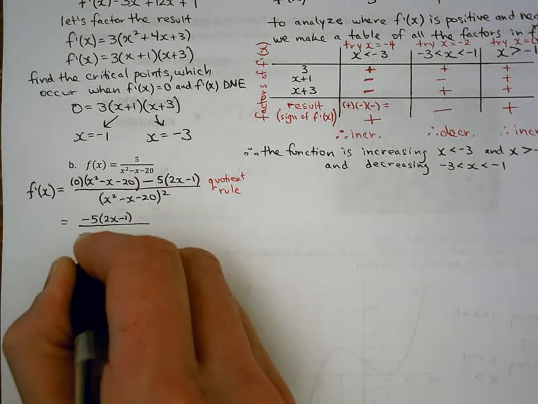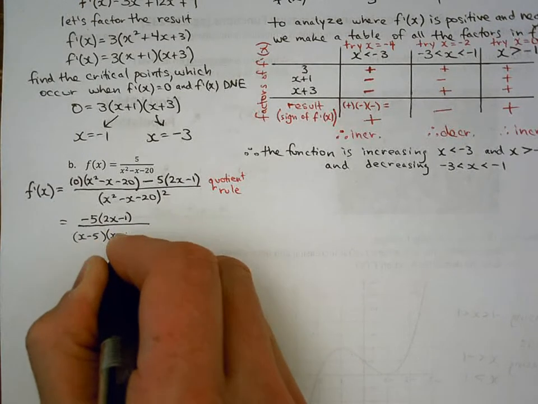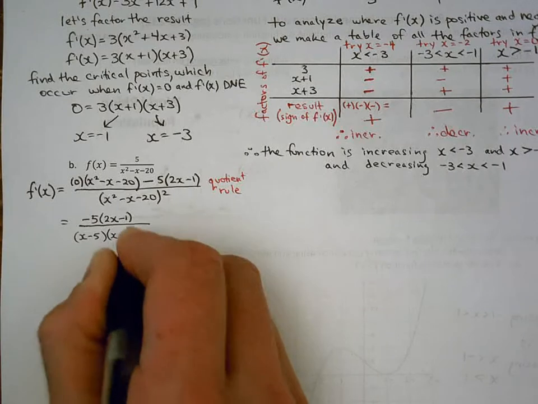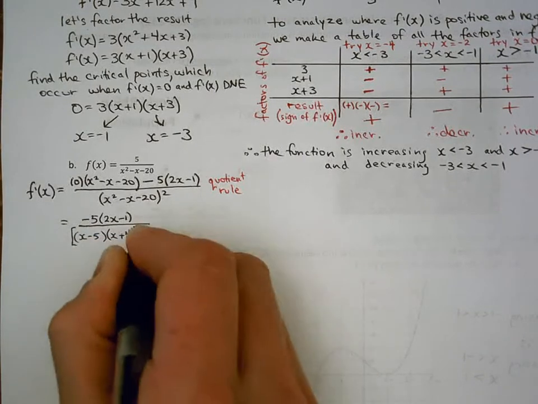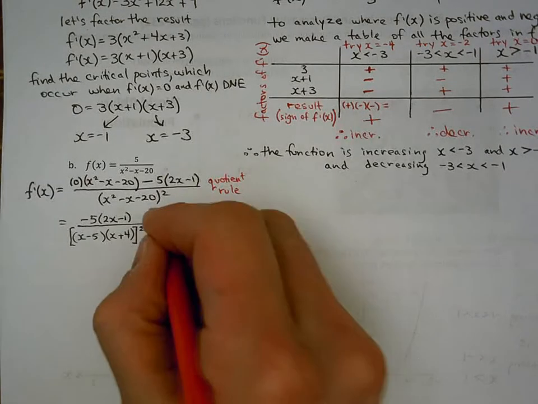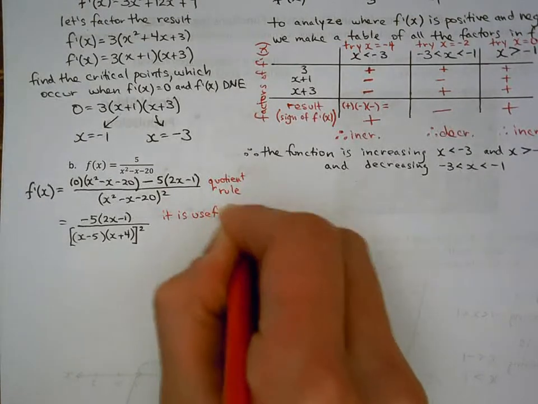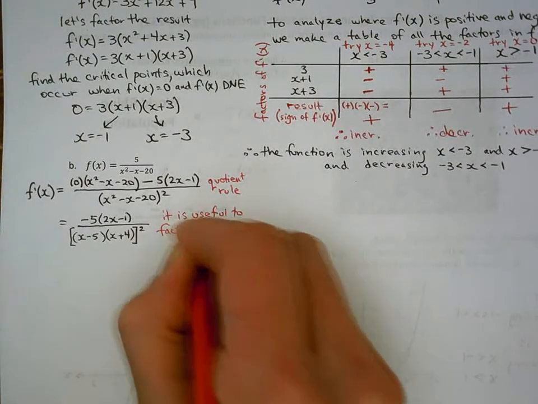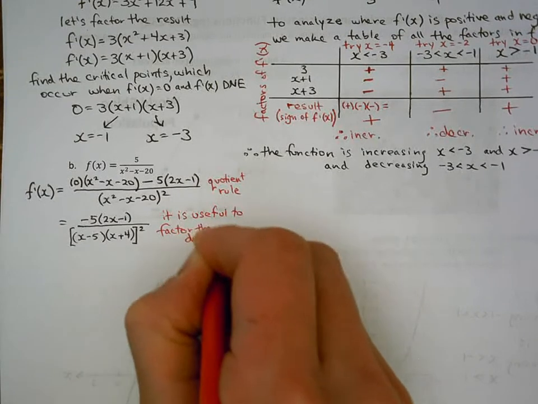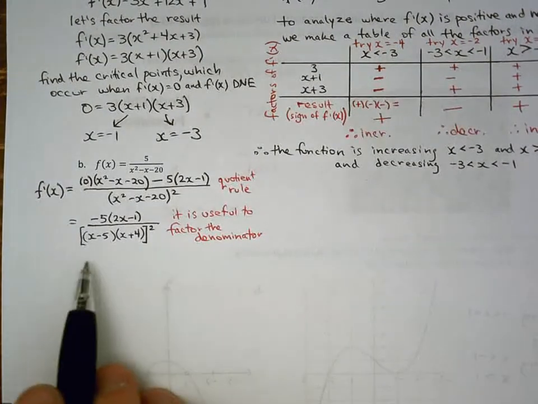So I'm going to have x minus 5, x plus 4, and that whole thing I'm going to square. It is useful to factor the denominator. Okay, so now I have the factored version of my derivative.